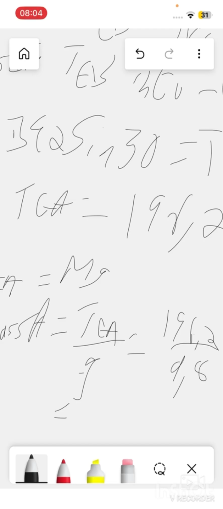Let's calculate 196.2 over 9.8. Therefore, our mass of A is 20 kg.